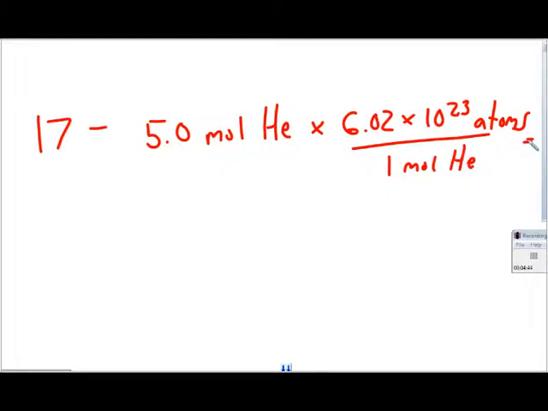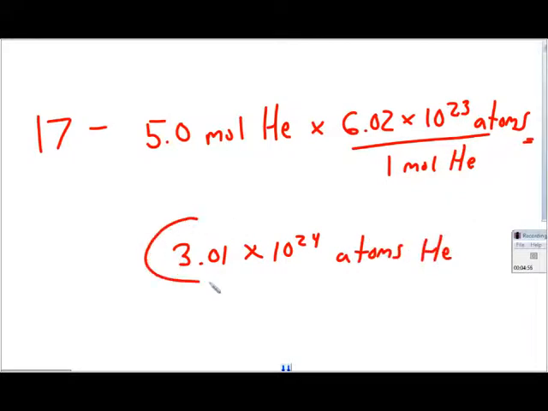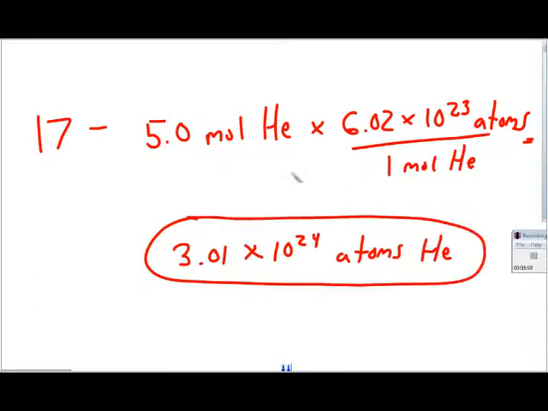Calculate this. 5 times 6.02 times 10 to the 23rd is 3.01 times 10 to the 24th atoms. We know that if we have 5 moles, we have 5 times Avogadro's number.